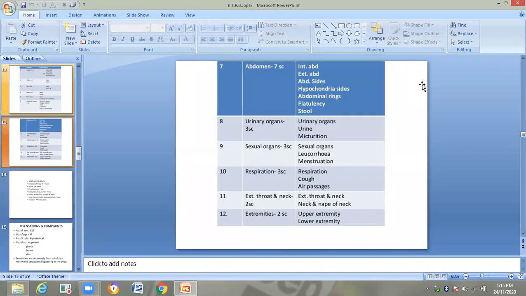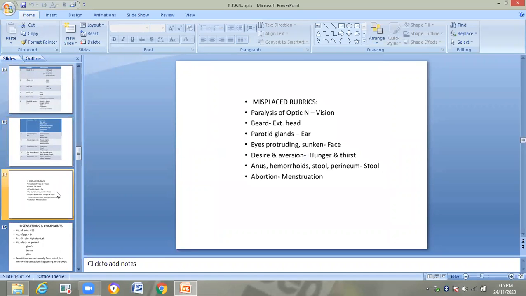Then there are also some misplaced rubrics we found in this repertory.